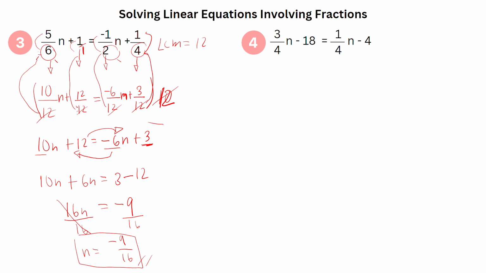Let's proceed. Number 4. So we have here 3/4 n minus 18 equals 1/4 n minus 4. Okay. What are our denominators here? We have 4 and 4. Obviously, when you compute the LCM of 4 and 4, it's 4, right?